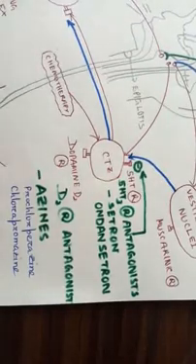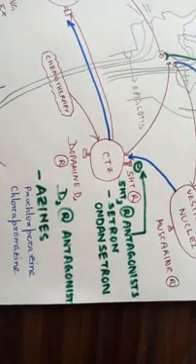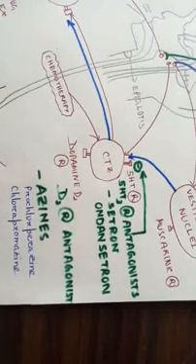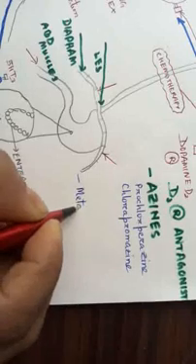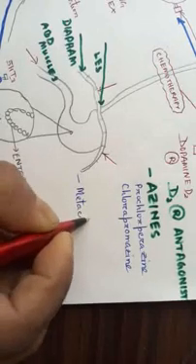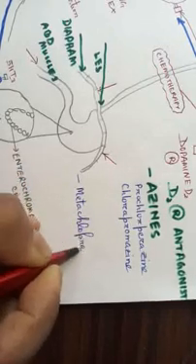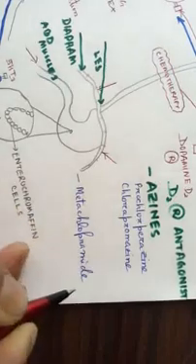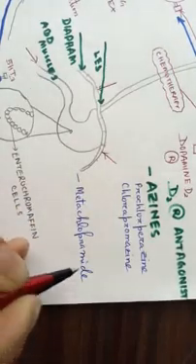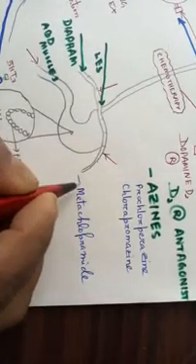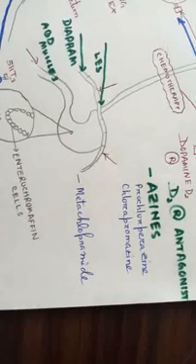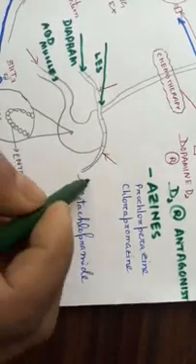The second group is metoclopramide, which inhibits dopamine 2 receptor but increases the motility of your stomach.